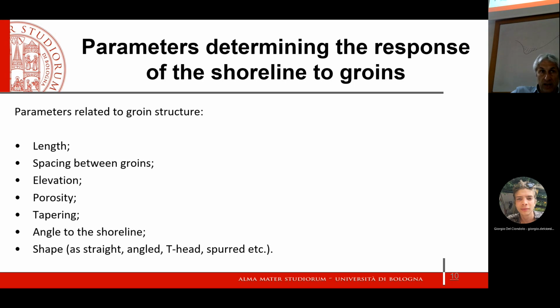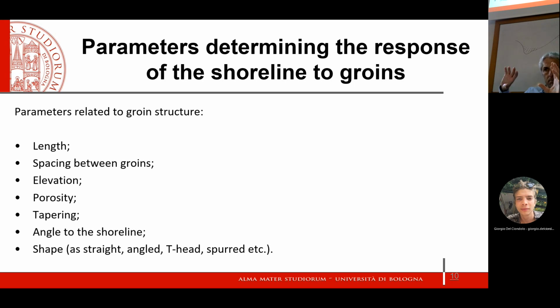So we already mentioned length, spacing, elevation, high or low groin, the porosity, the angle to the shoreline, and the shape. Let's forget for now tapering, and we will discuss it later.